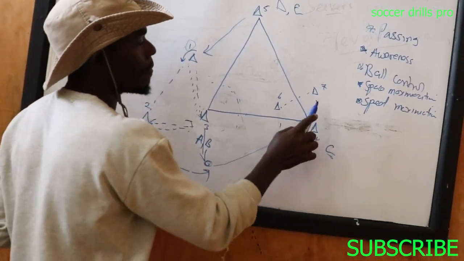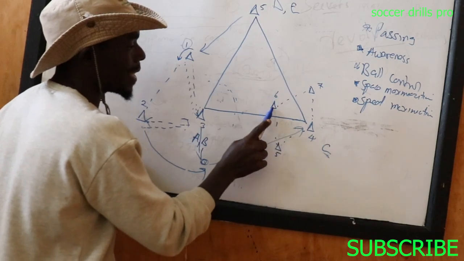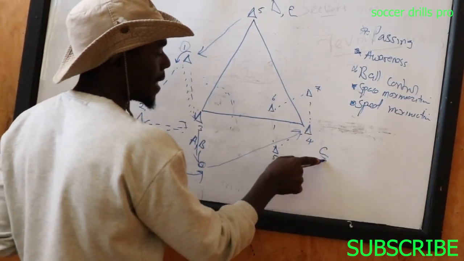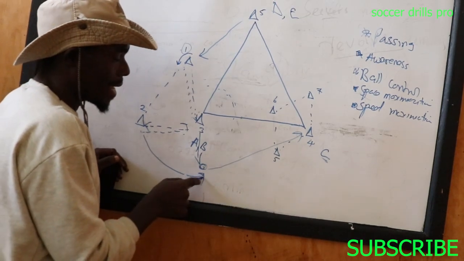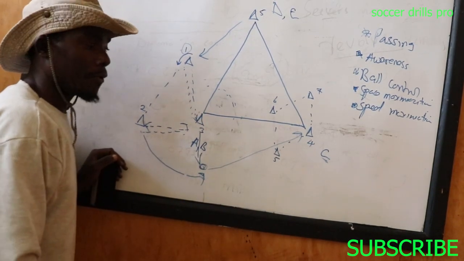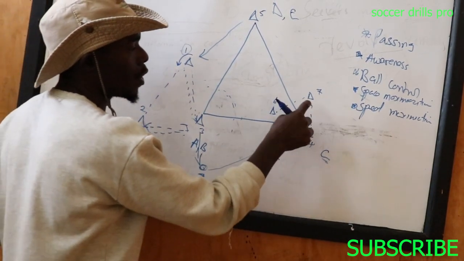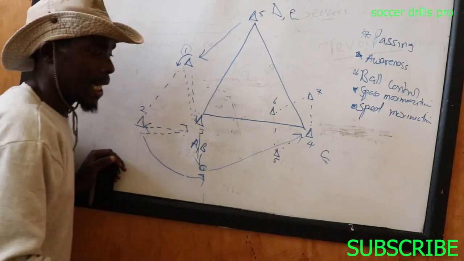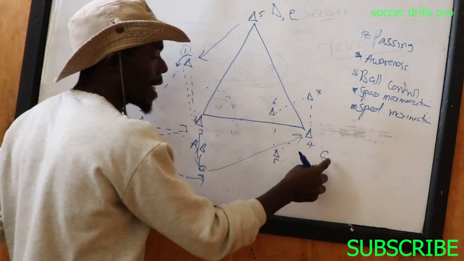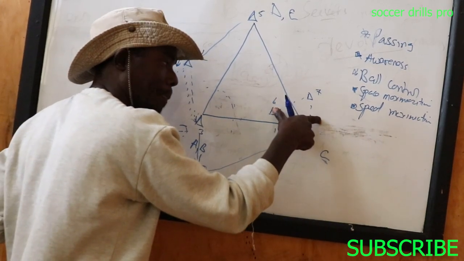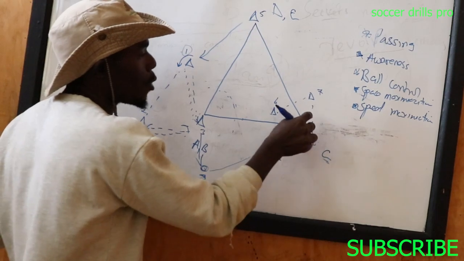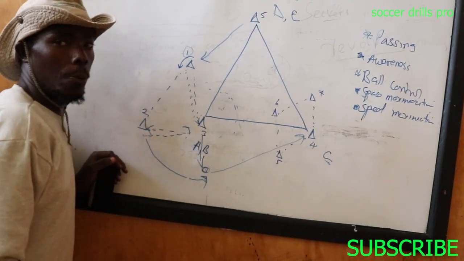So we will have points 7, 6, 5, and 4 as opponents, with player C and player B the only players we have. That means the opponents, which are the points now, have an overload of players. They outnumber us because we have only player B and player C in this space, and points 5, 4, 7, and 6 are opponents now.